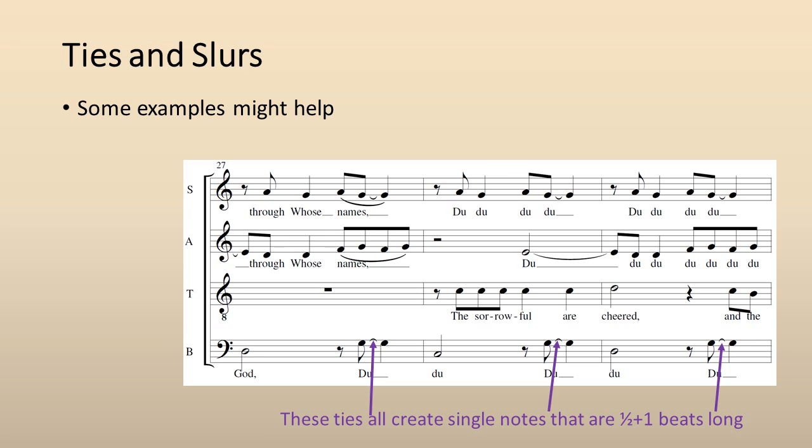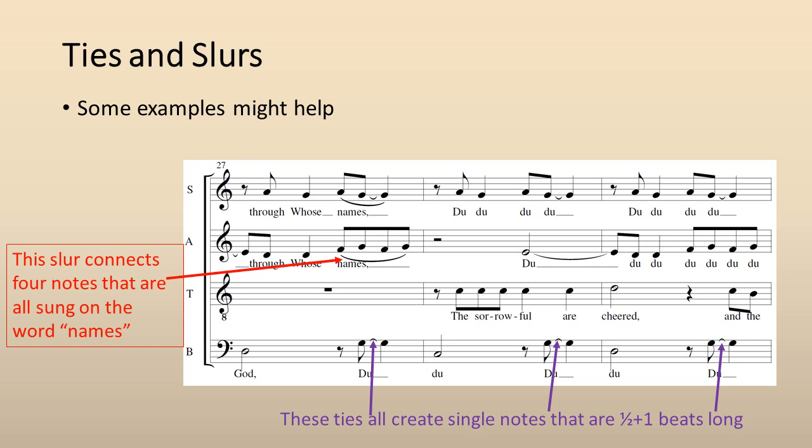So, when you see a quaver, that's the note that's a filled circle with a stem and a flag, tied to a crotchet, it creates one note that is 1.5 beats long. On that part, you see the word "God" sung on a single tied note. So those two notes that are tied together become a single note.